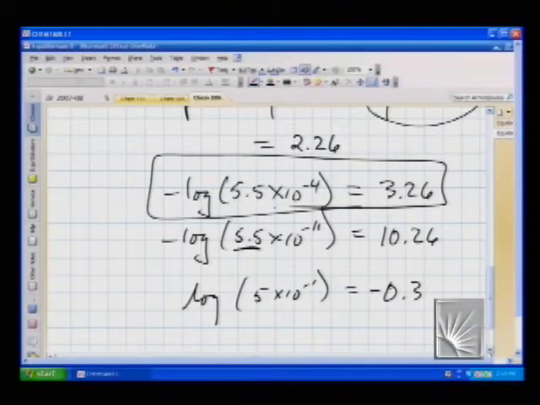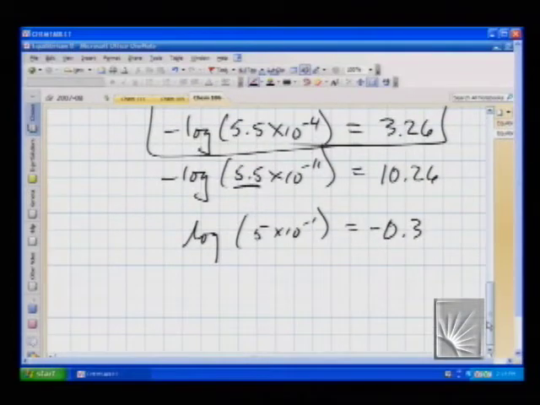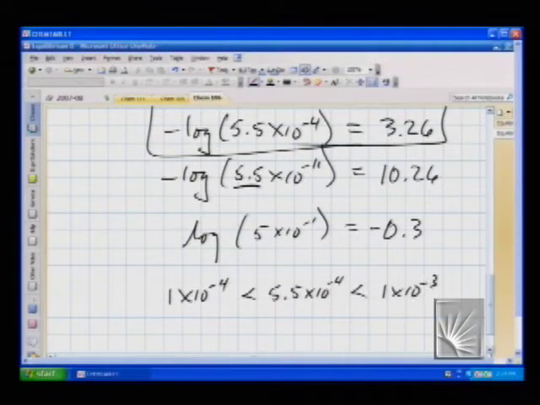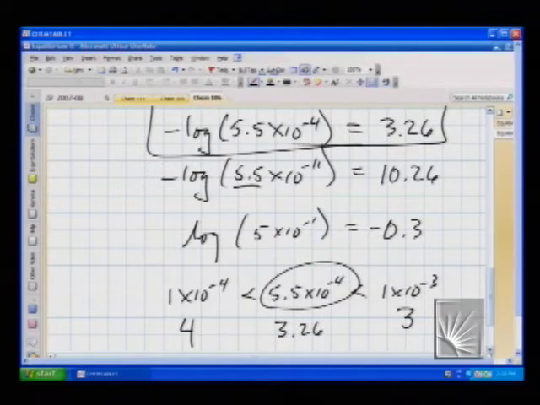If we look back at this one right here, the log of 5.5 times 10 to the minus 4 is somewhere between that range, right? You can all tell me, I hope, that the negative log of 1 times 10 to the minus 4 is 4. The negative log of 1 times 10 to the minus 3 is 3. So the answer to the negative log of this has to be somewhere between those two numbers. We've already done the buttons on our calculator to say that it's 3.26.